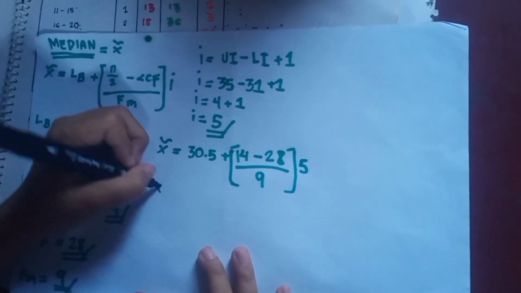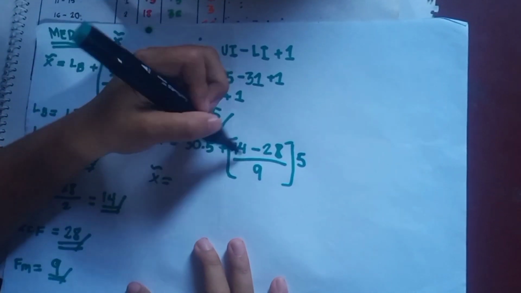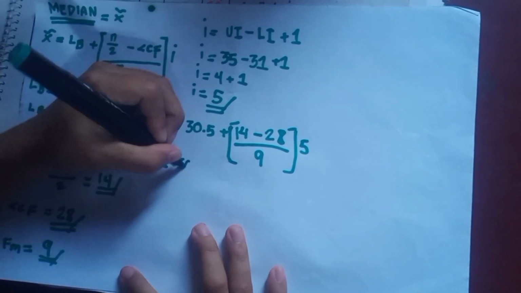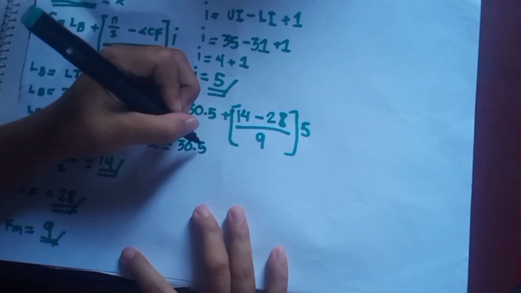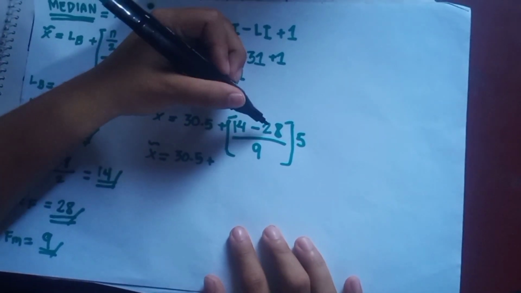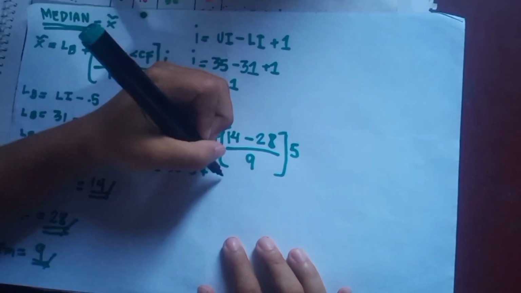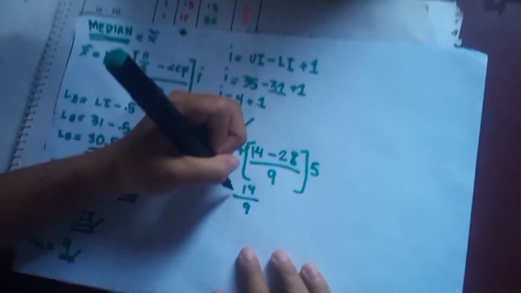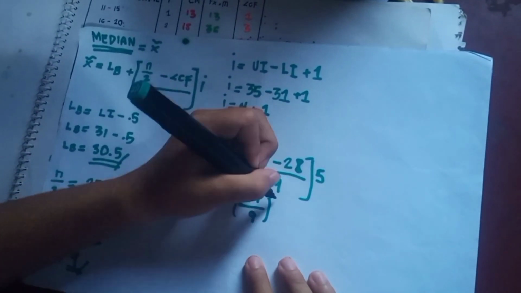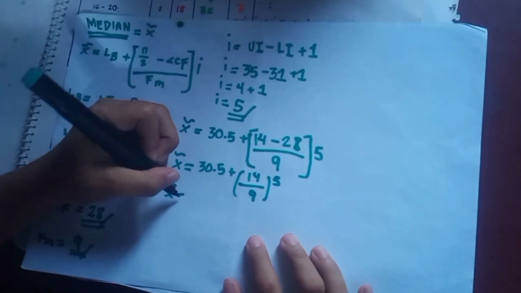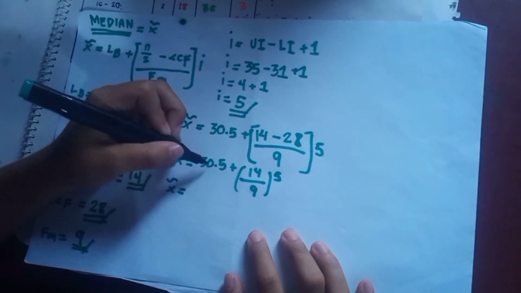So the next thing that we have to do is to solve all the numbers inside the parentheses. We will just bring down 30.5 for the meantime and solve for all the numbers inside the parentheses. So 14 minus 28 will be 14, and we're going to divide it by 9, and we just have to copy 5.